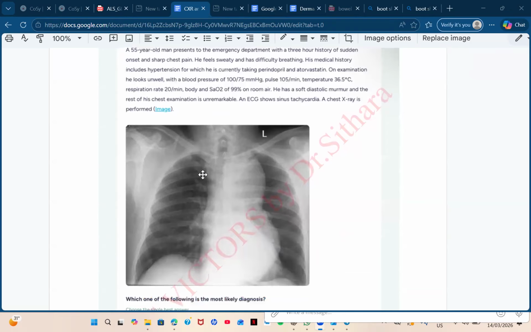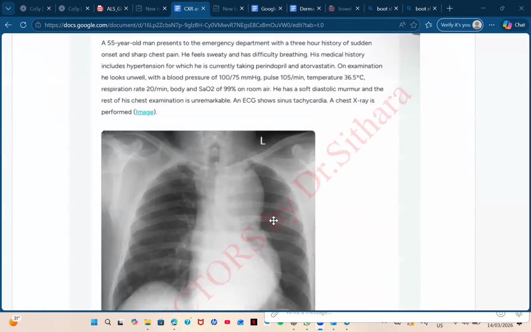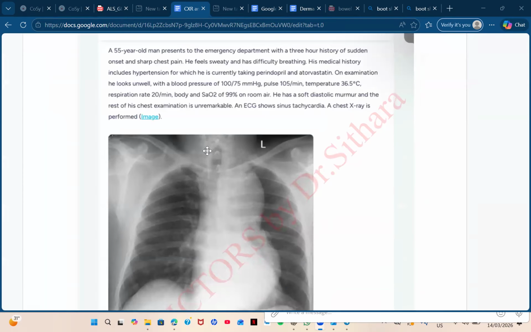They have given the chest X-ray of the aortic dissection. A 55-year-old man presents to the emergency department with a 3-hour history of sudden onset sharp chest pain. He feels sweaty and has difficulty breathing. His medical history includes hypertension, for which he is currently taking perindopril and atorvastatin.